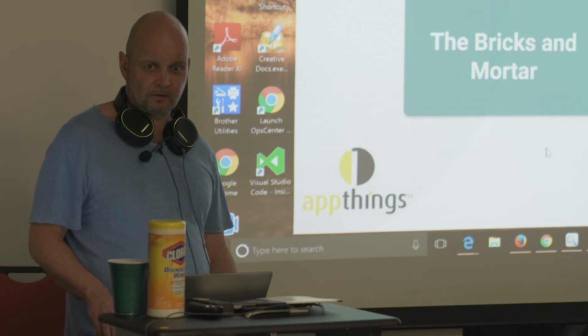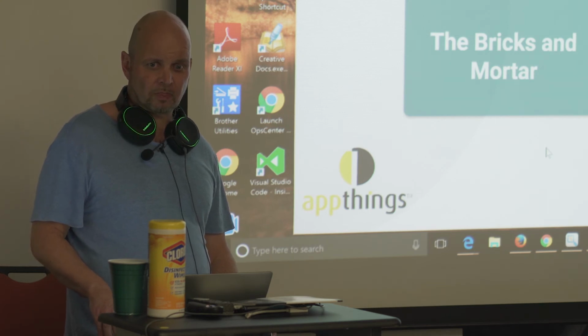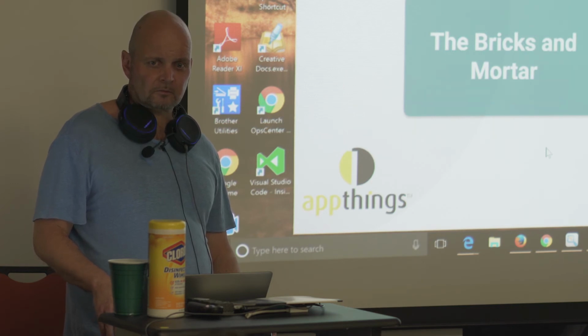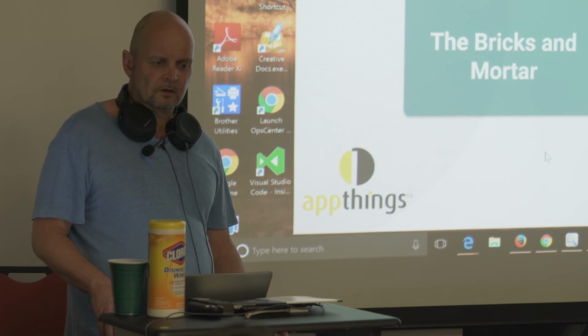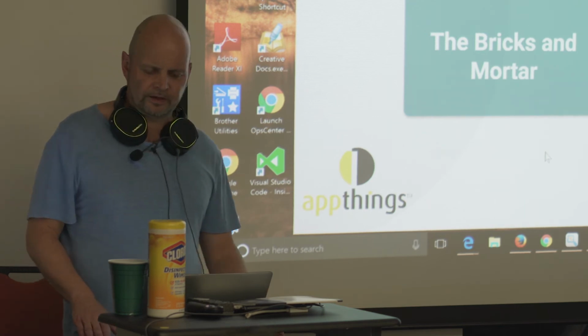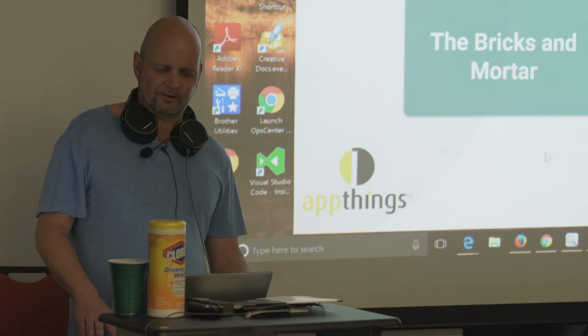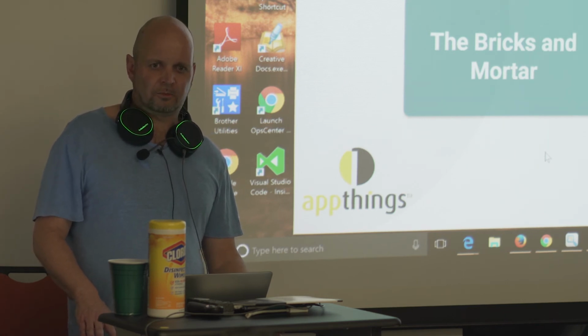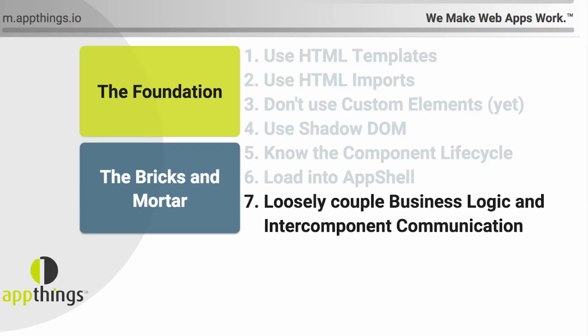Go ahead. When you say the shadow DOM, and you were talking about the bleed of the CSS, is that when it's rendered to the view that you have the bleeding, or is this before it gets rendered to the view that you're trying to encapsulate it so that it's hidden? Well, eventually, if we didn't have shadow DOM, then everything that you show would become part of the DOM.